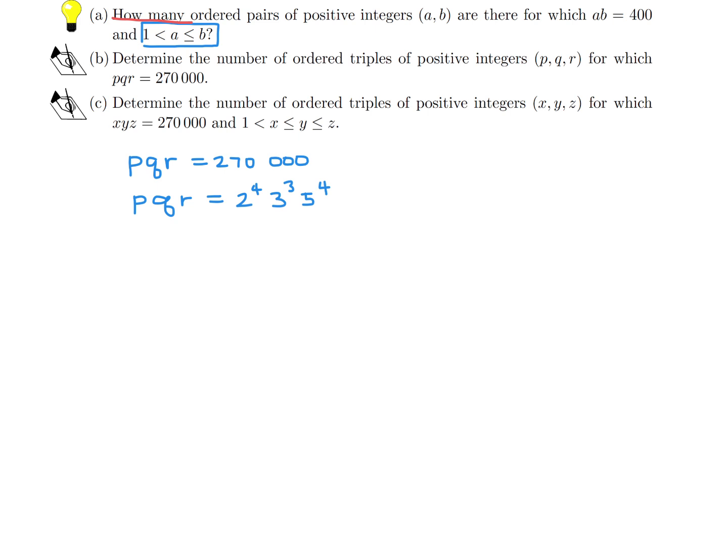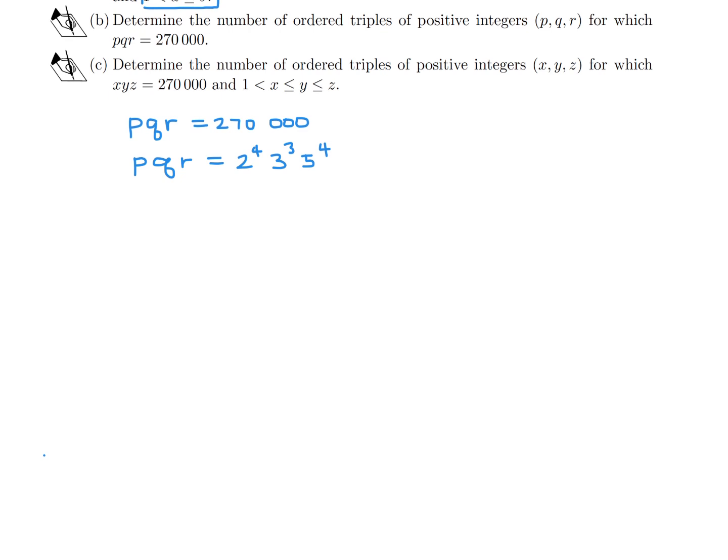Determine the number of ordered triples of positive integers PQR for which PQR is equal to this. I think we just have to think about this one at a time with regard to each of these guys.